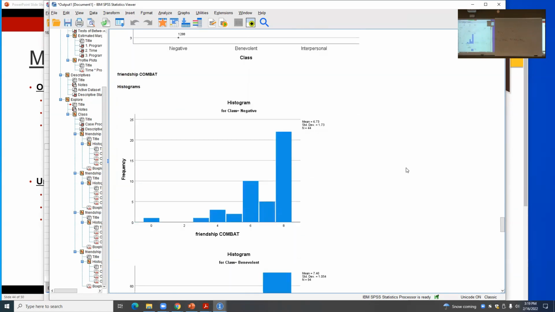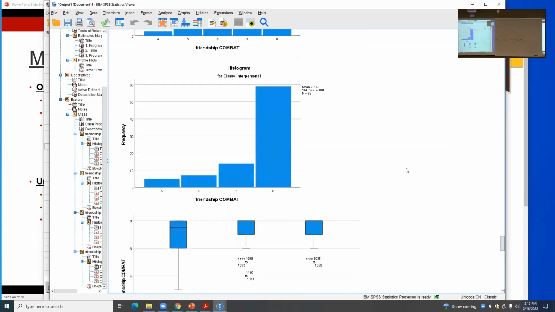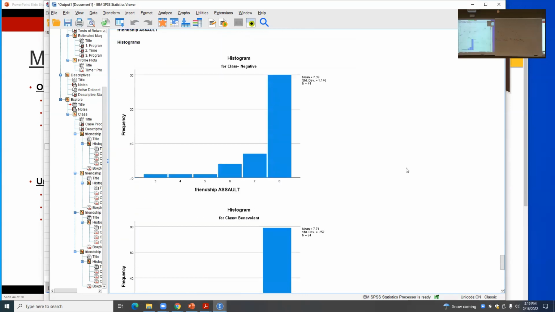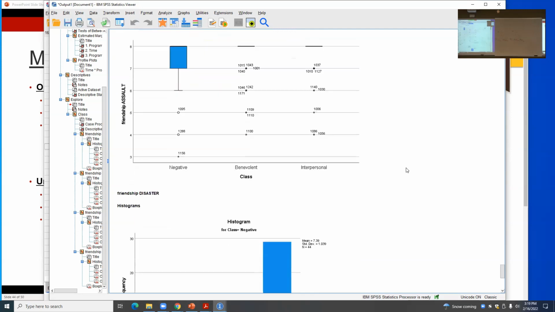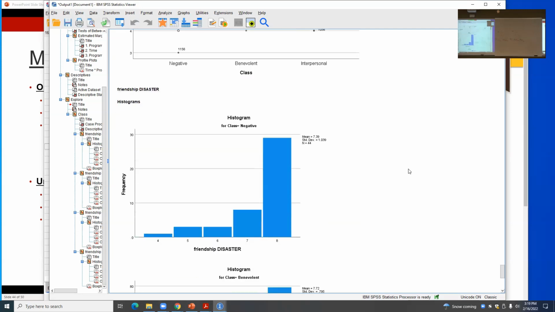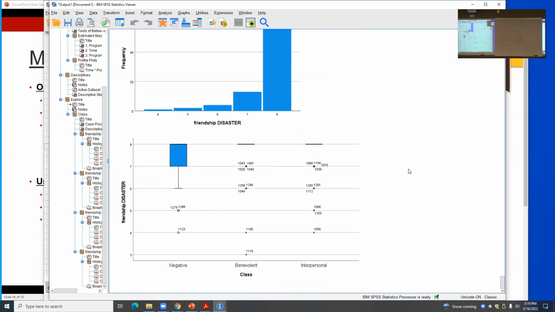We got histograms for combat, negative, benevolent, interpersonal, for assault, negative, benevolent, interpersonal, for disaster, negative, benevolent, interpersonal. Okay. So now we've got kind of a situation here. How many individual plots distributions do we have here?